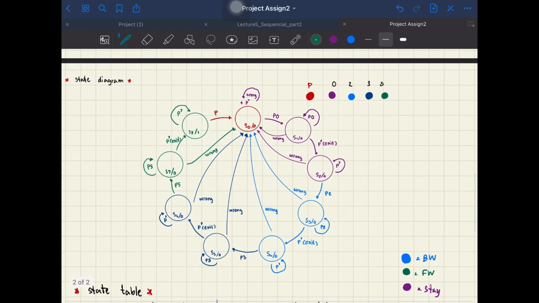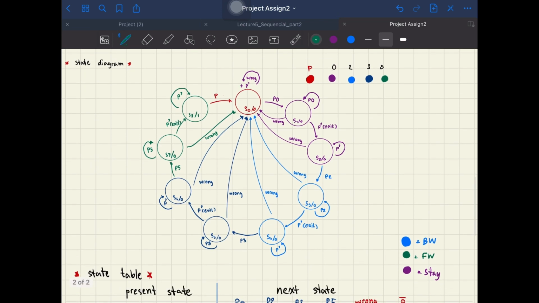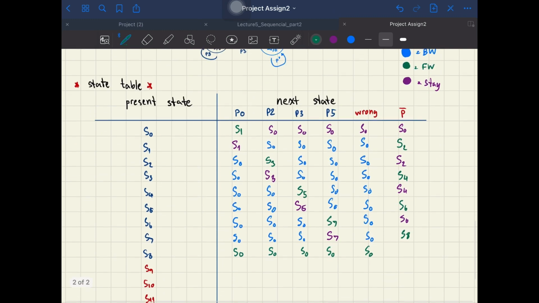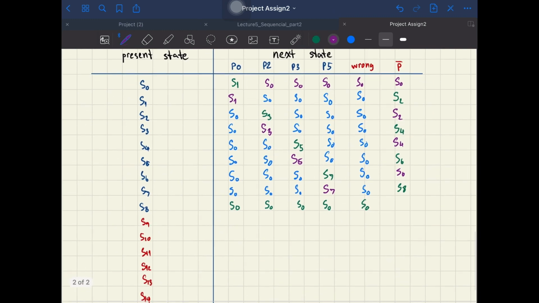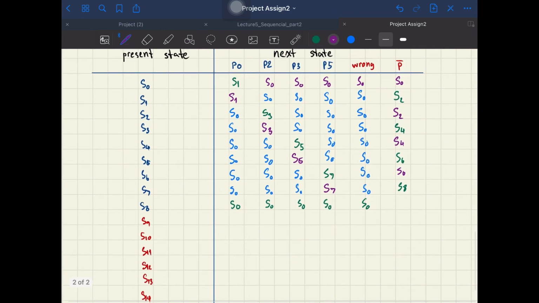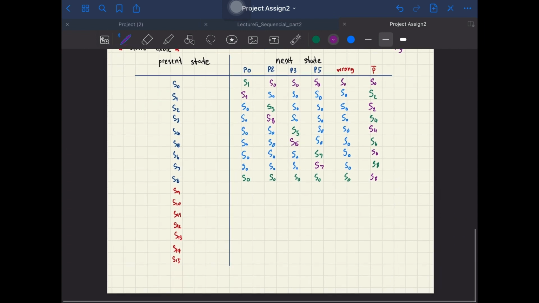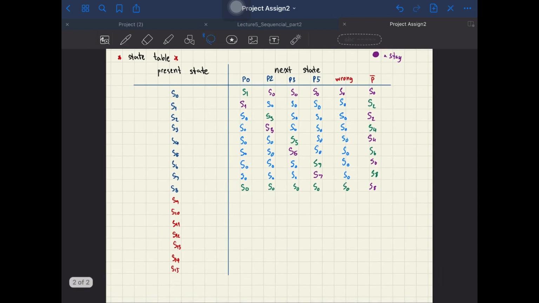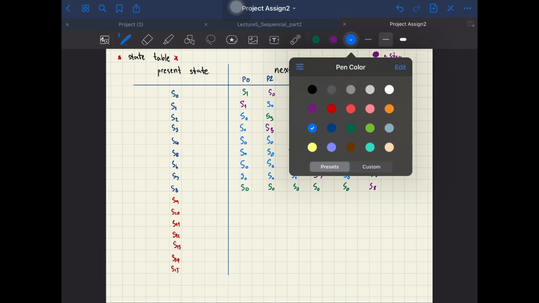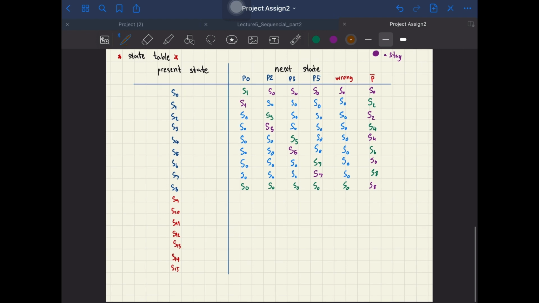But what if you leave the button? You don't place anything. It will make you stay in state 8. So for stay, I use purple, right? In state 8. And state 9 to state 15, we write it in don't care term. I will use brown.